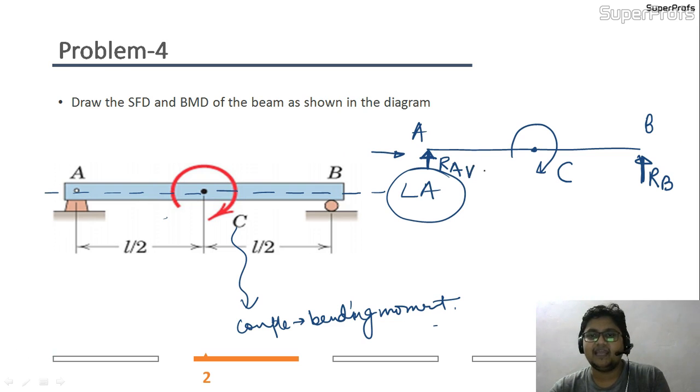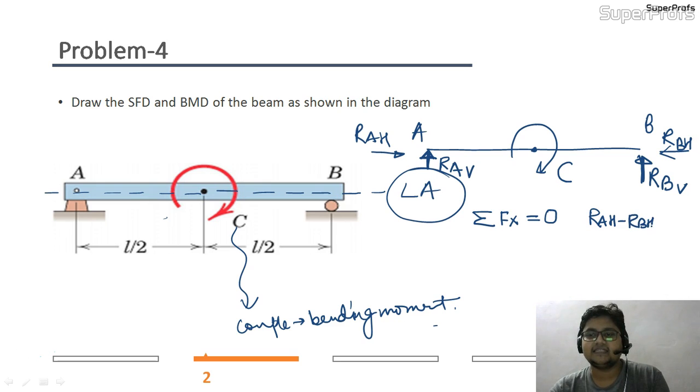So this is RAV, this is RBV, and if this is RAH and this is RBH, then in the horizontal direction, if I apply the static equilibrium, that is summation of the forces in horizontal direction is 0, then what we get is RAH minus RBH, as it is acting in the leftward direction, should come out to be 0.